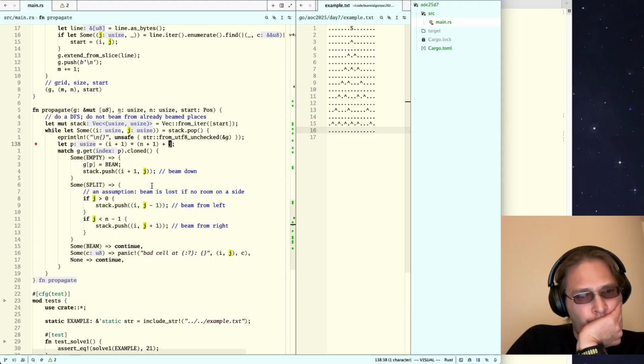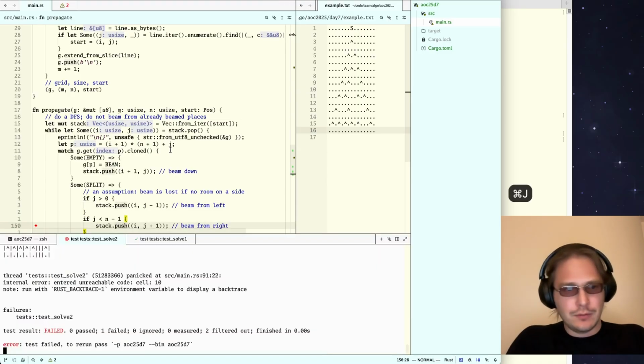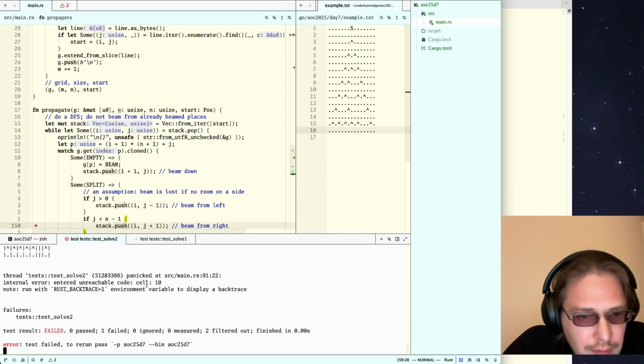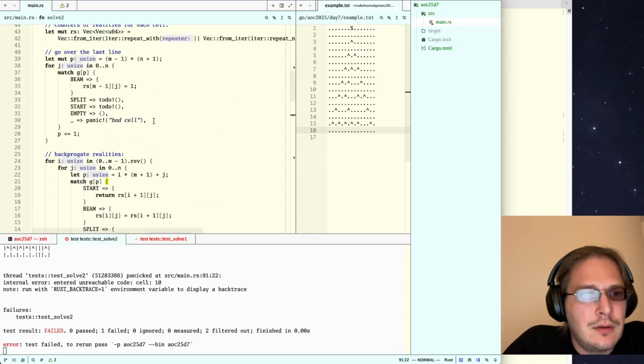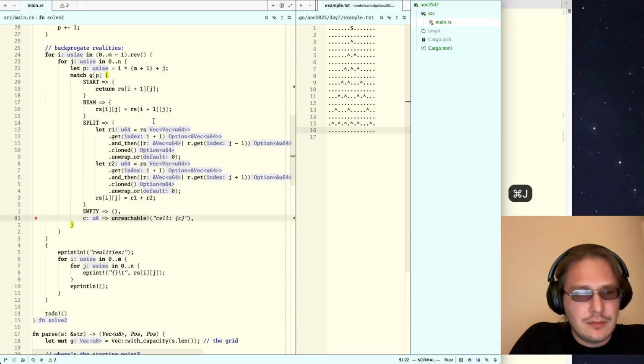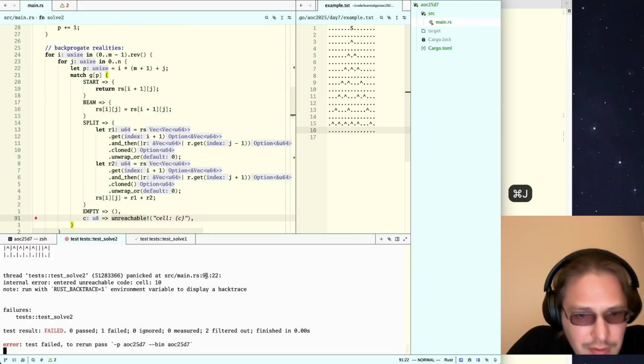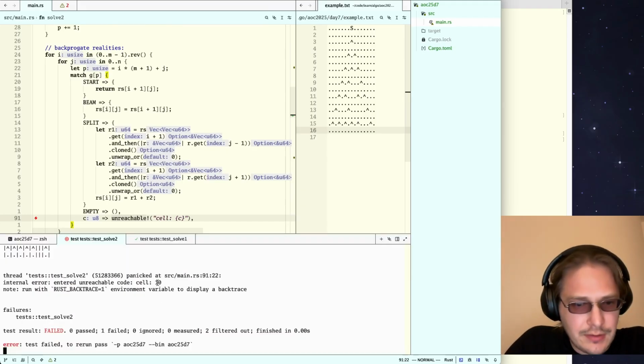What was the position? Panicked. It actually panicked in backpropagation. Okay, that's fine. Yeah, that points to something that really went wrong.